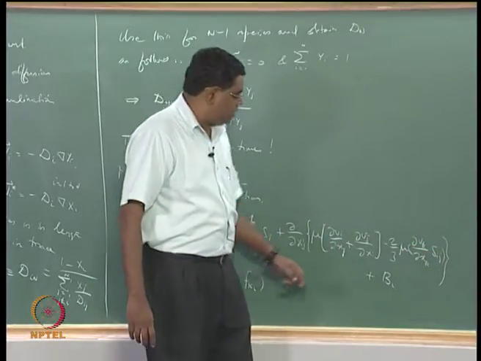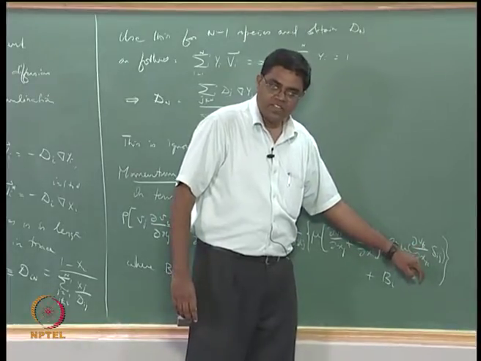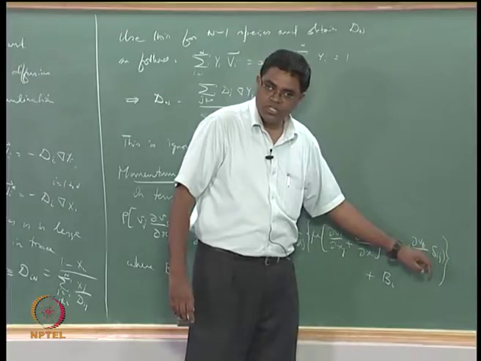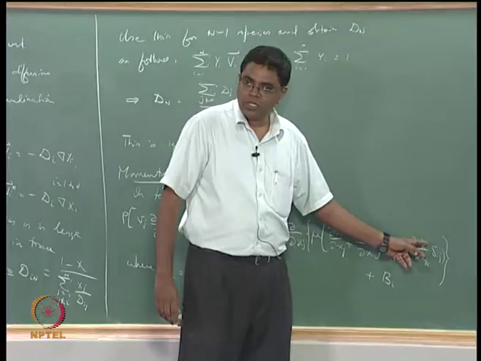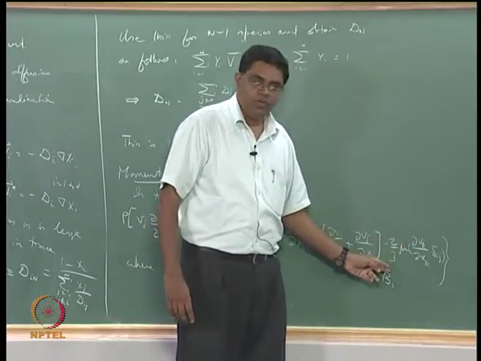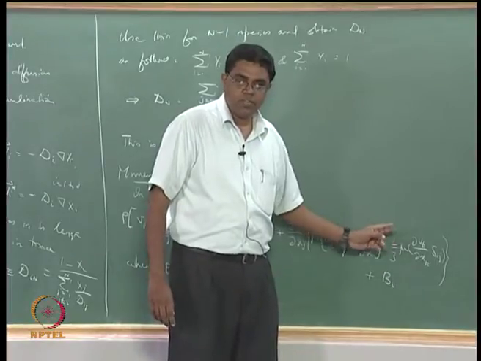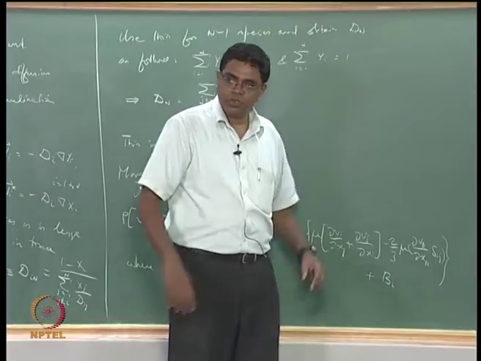Here dou Vk over dou Xk again has a repeated index summation, so that indicates a divergence of velocity. The divergence indicates a dilatation, and the minus 2 by 3 mu is the coefficient that comes out because of the bulk viscosity. So that is acting on the dilatation of the fluid.